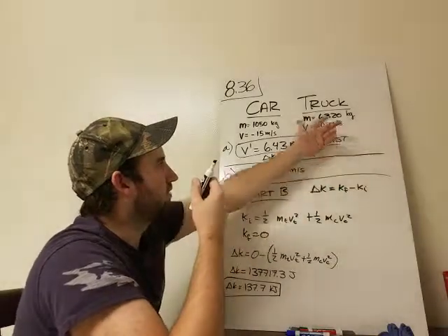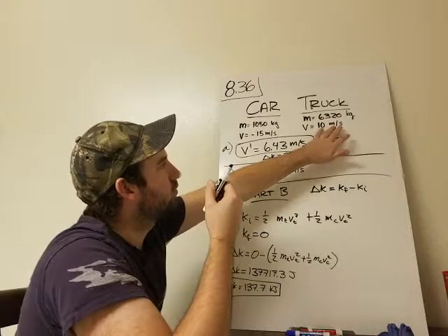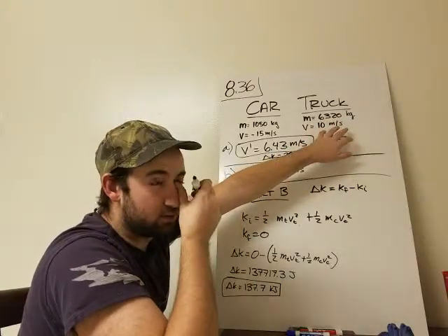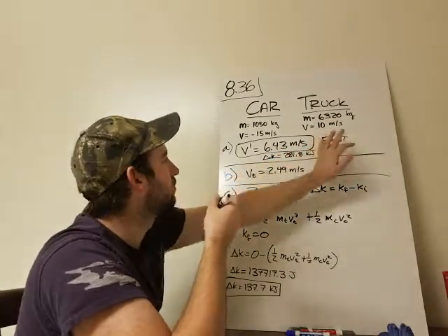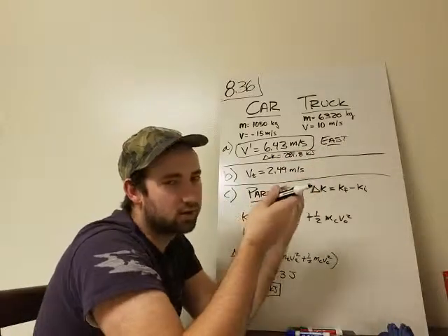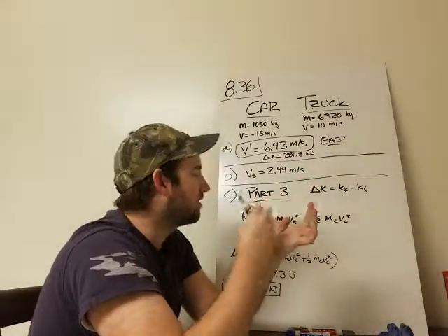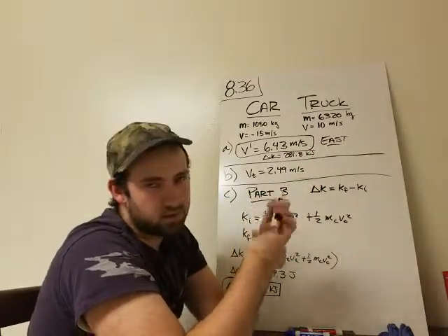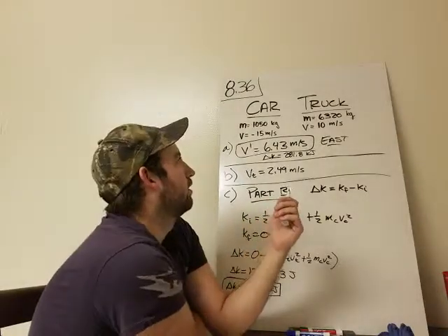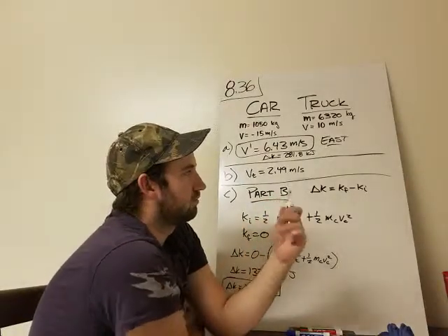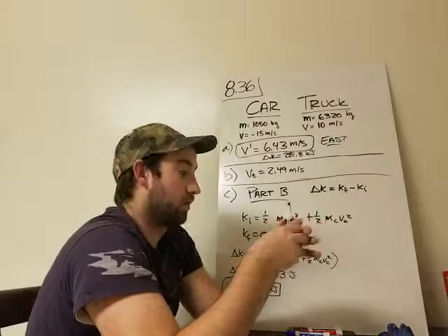When in part A it's going way faster, 4 times faster, of course the change in kinetic energy is going to be a lot more. So that makes sense, which is good because that means that we did it right, or at least it's a hint that we could have done it right.